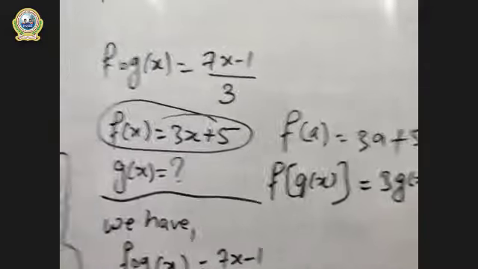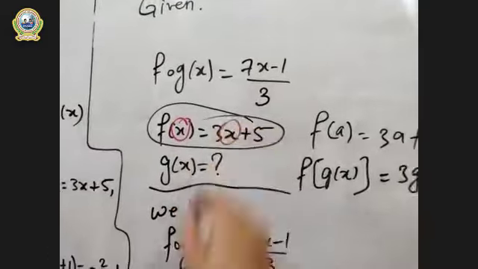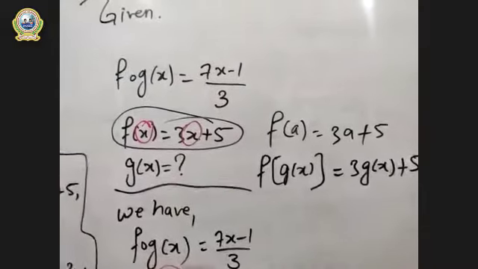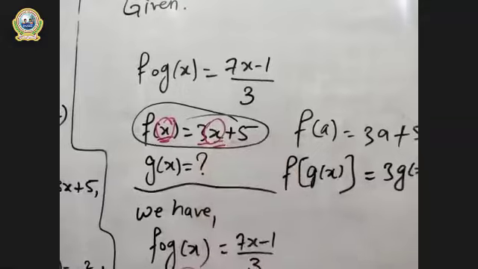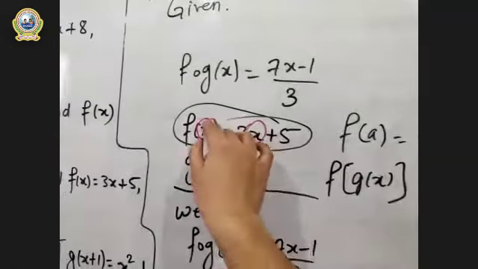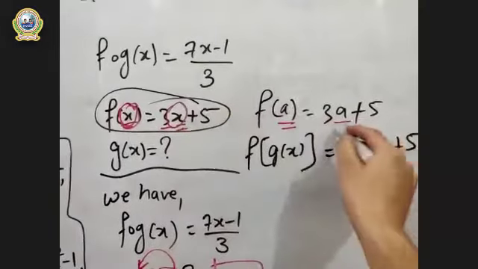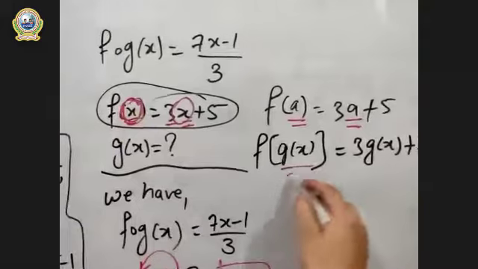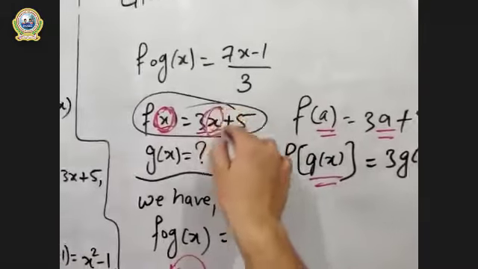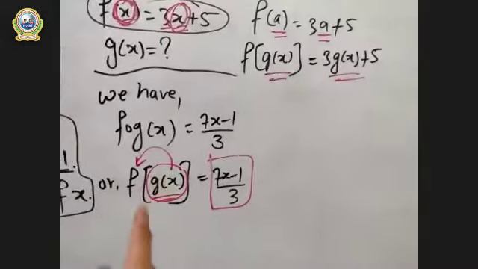Are you getting the concept? Look at here. f(x) is equal to 3x plus 5. What you put inside this bracket, it will be 3 times the same thing plus 5. So if you replace x by a, then this x will also be replaced by a. Similarly, if you replace x by g(x), then this x will be replaced as g(x). So use this concept over here.